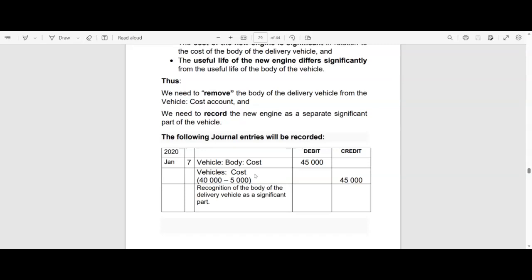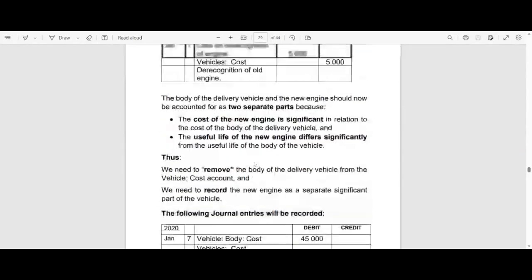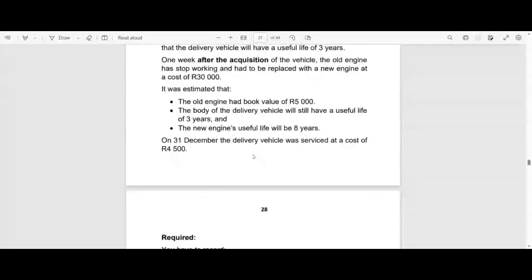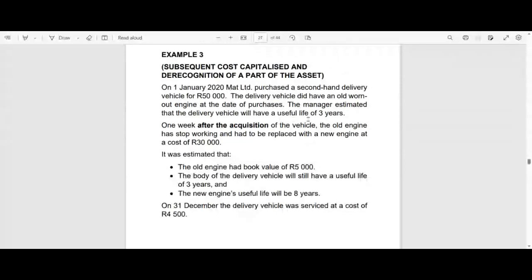So, ladies and gentlemen, we've now got the body, which has a useful lifetime of. Let us just go up there again. Where was it? A useful lifetime of 3 years, and it still has a useful lifetime of 3 years, as we can see there. And then the new engine has a useful life of 8 years.